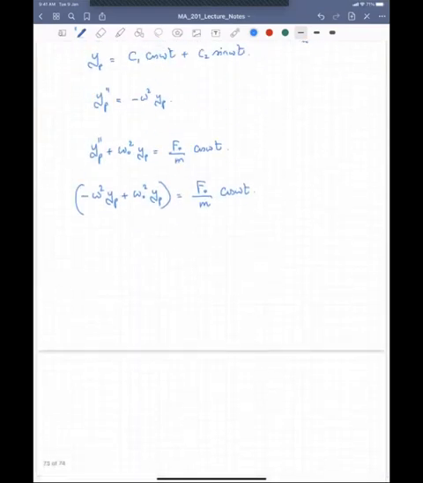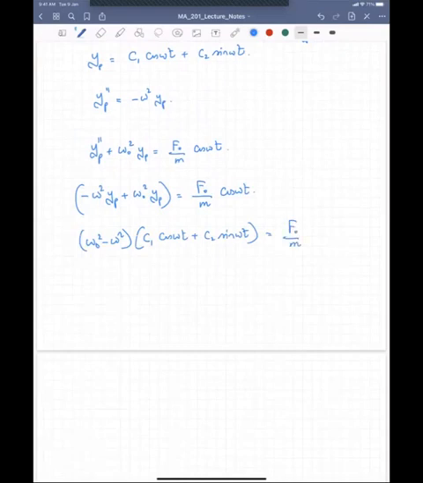Okay, which means omega 0 square minus omega square times C1 cosine omega t plus C2 sine omega t equals f0 over m cosine omega t. Okay, so now equate the coefficients of cosine and sine on both sides, and you're going to fix the constants this way.